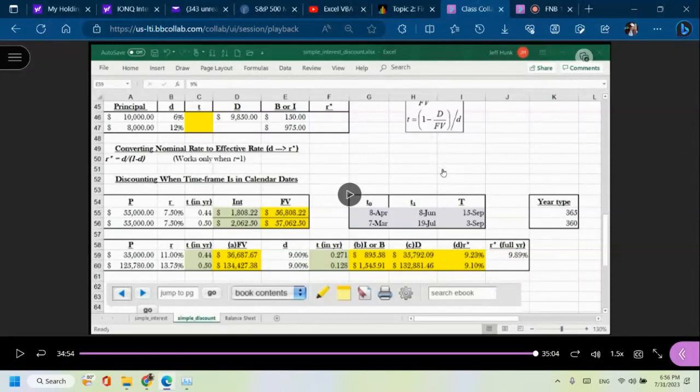But obviously, you cannot get the full face value, or full maturity value, because by discounting, you are transferring the risk to the bank or the factor. You get a discounted amount. That's why it's called discounting, using the simple interest rate principle.